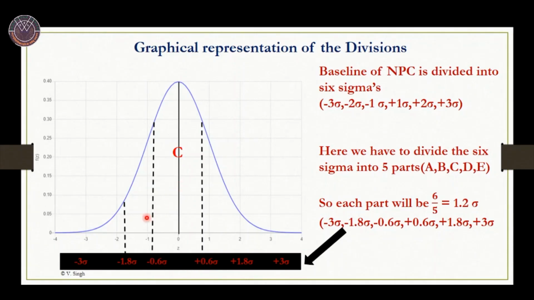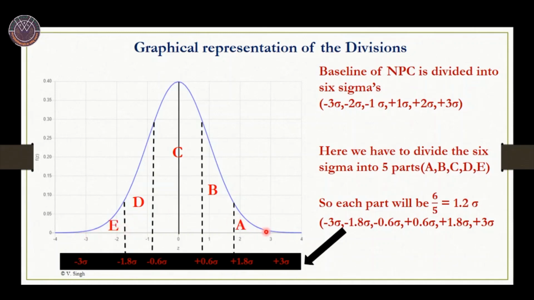Now again, if you mark this particular point and on the right hand side also this particular point, the other two groups will lie. You can see that B will lie on the right hand side and similarly D will lie on the left hand side. So the remaining two subgroups will lie in the other two portions. A will lie here and E will be lying here.